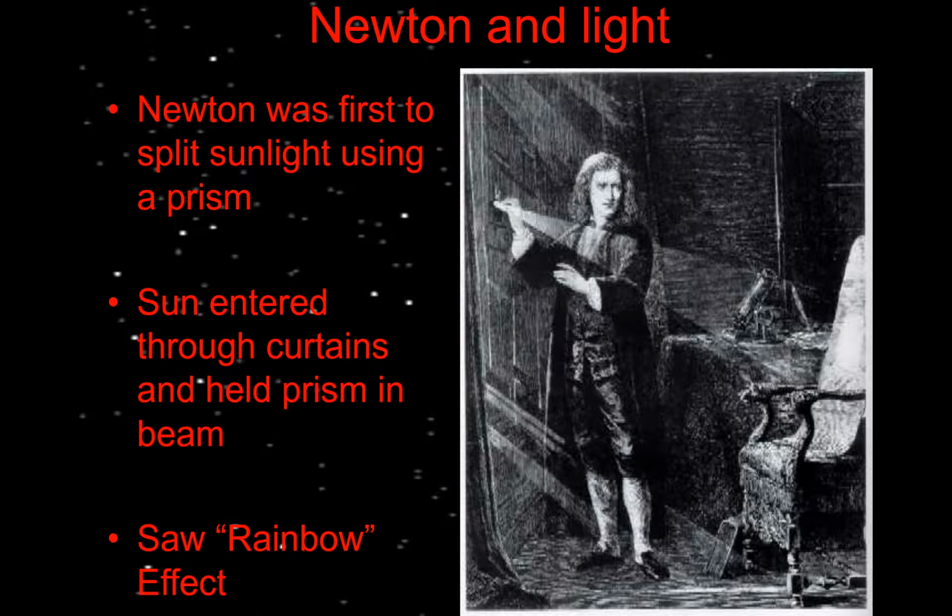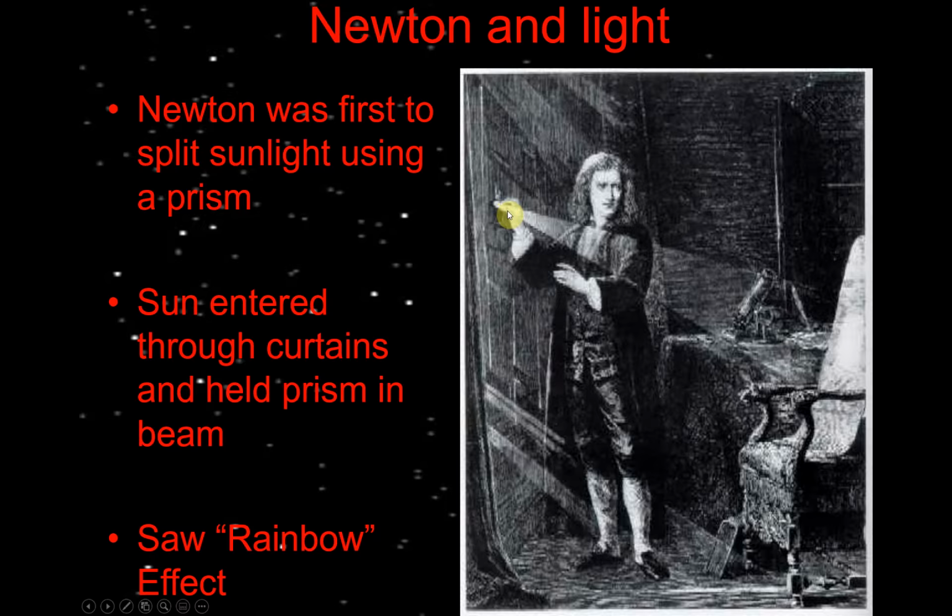So we've talked about Newton before at length and some of his experiments. Newton was really the first person to document splitting up sunlight using a prism. So if we take a prism, which is essentially a triangular piece of glass, and then put it up to the sun, here Newton actually put up a very large blackout curtain and allowed a ray of light to come through his curtain, and then he put a prism in front of it.